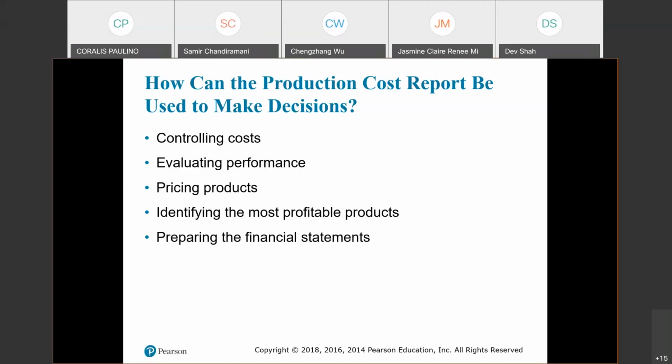Well, the third goal is to set the selling price. The company must set its sales price high enough to cover the manufacturing cost of each puzzle, plus selling and administrative costs.